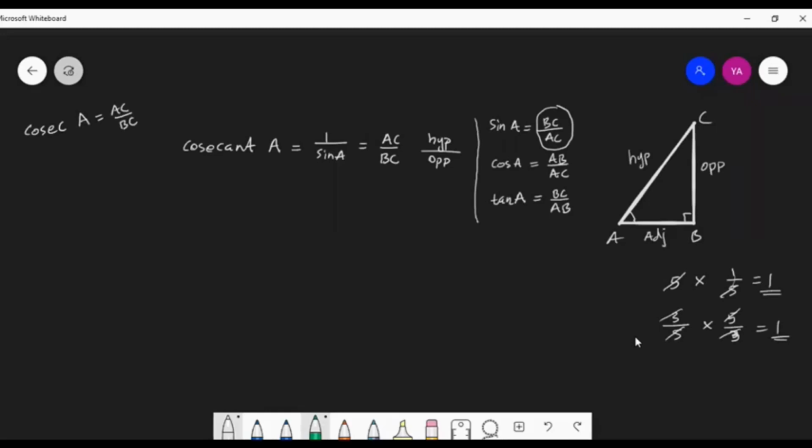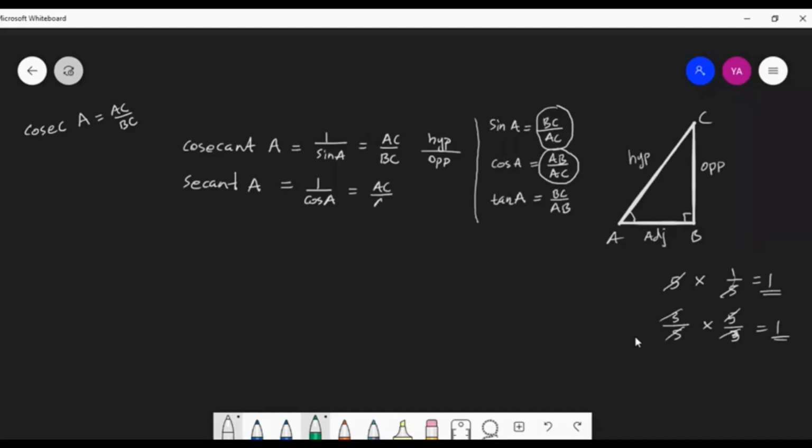Now we move to the next one, the reciprocal of cos A, that is secant. Secant of angle A, in short sec A, is equal to 1 by cos A, the reciprocal of cos A. We know cos A is AB by AC, so its reciprocal is AC by AB.